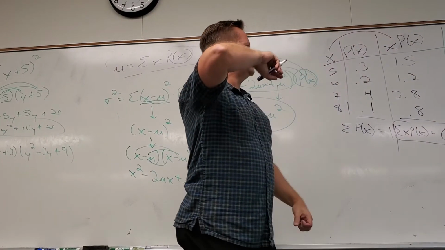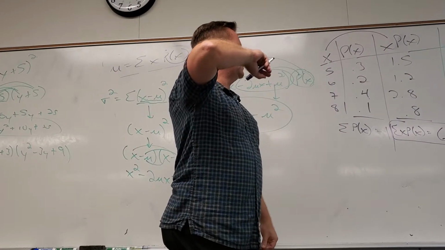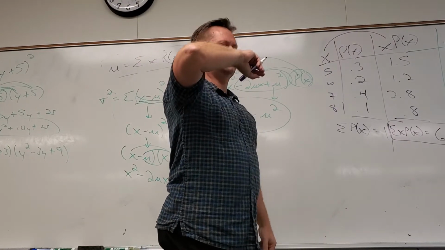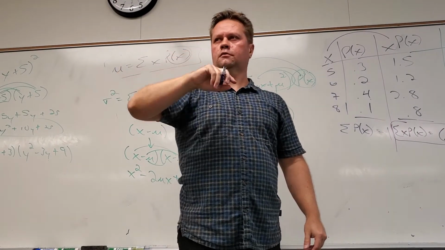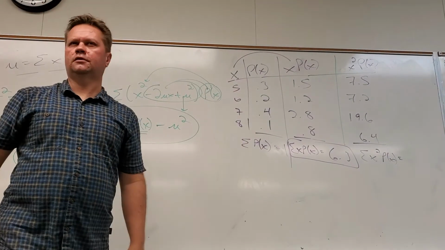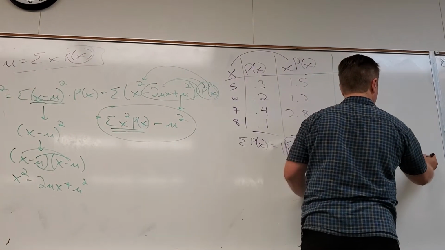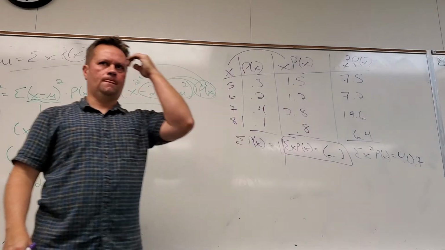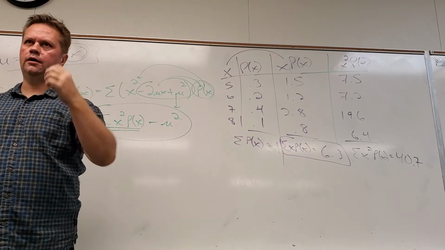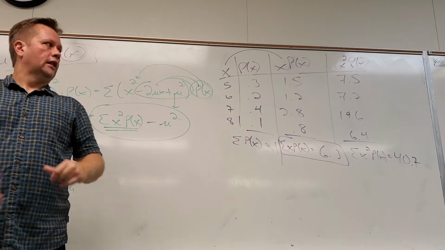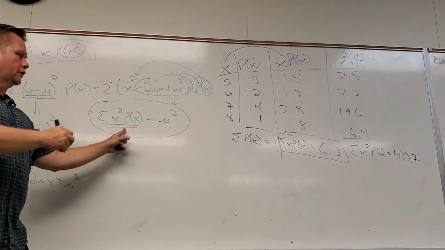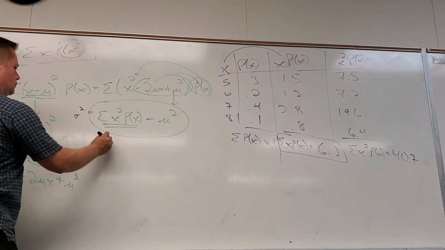Let's see, 26, 40.7. You with calculators can check my brain. It's early. I did have caffeine though, so I feel pretty good. 40.7? Right. And now I can plug that in to figure out what the variance is.